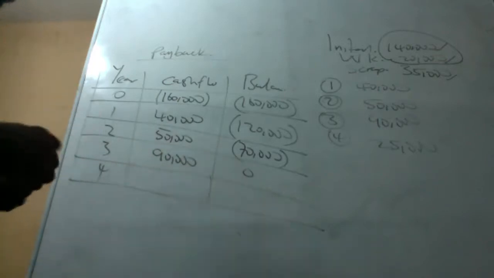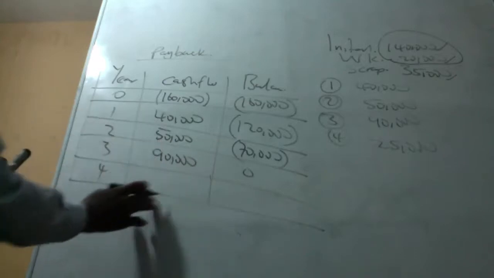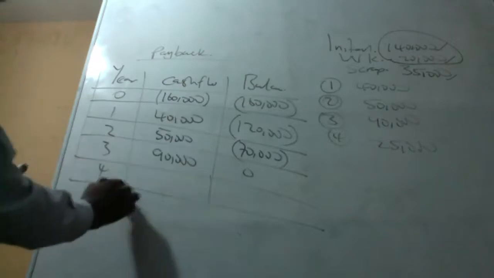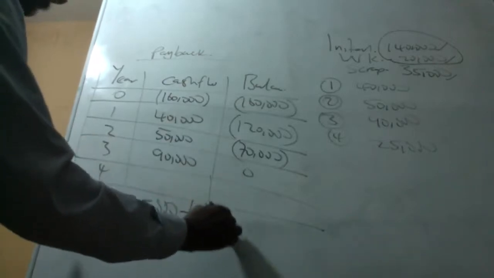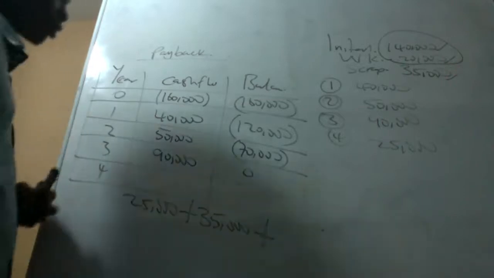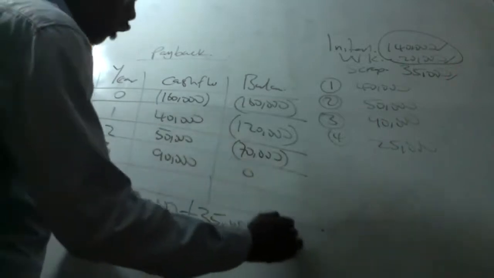Because the working capital should be released. So over here, the cash flow will be 25,000 there, plus the scrap value of 35,000, plus the working capital of 20,000.